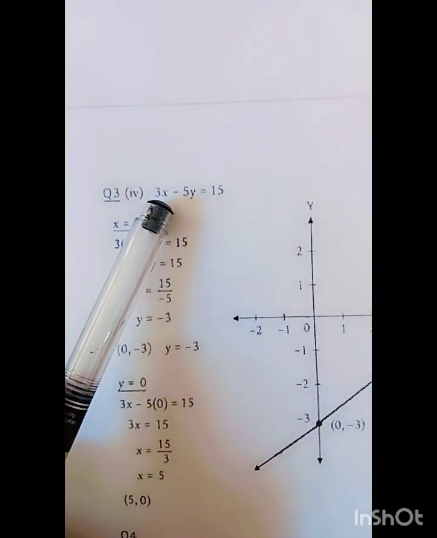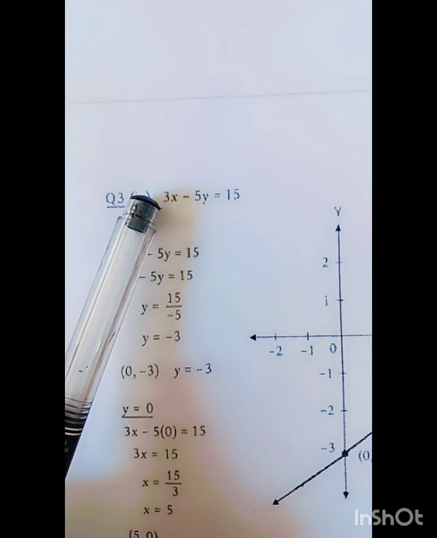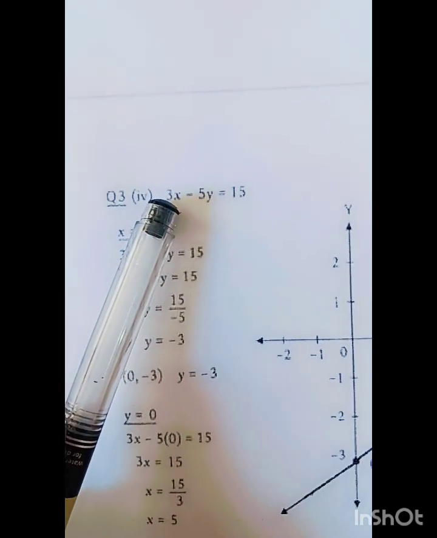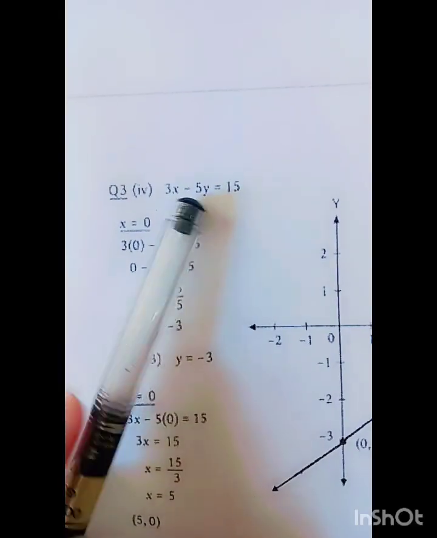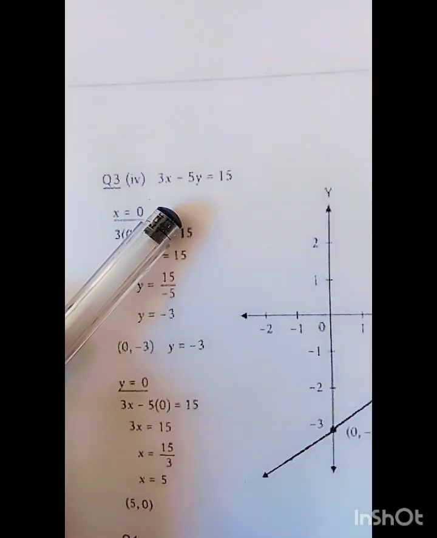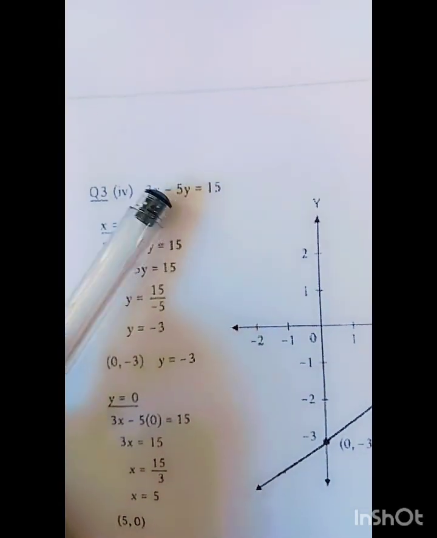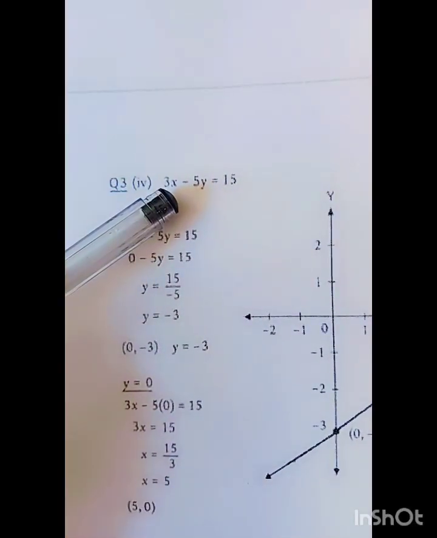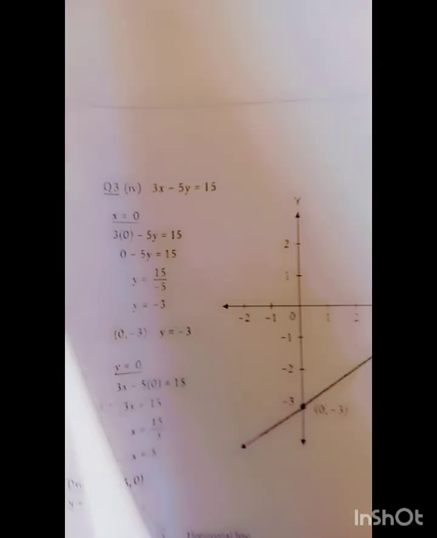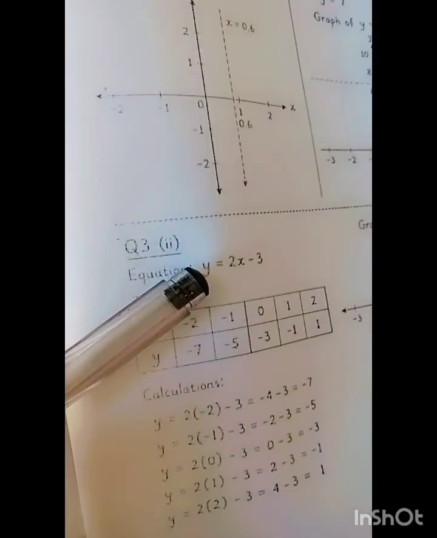Okay, now if this type of equation is given where x and y have coefficients also, like this is 3x and 5y, so you cannot have the simple x and y. So in this case we will simply put x equals 0 and y equals 0 in this equation. Okay, and when x and y have no coefficient given, like in the previous equation, we will make this type of box.